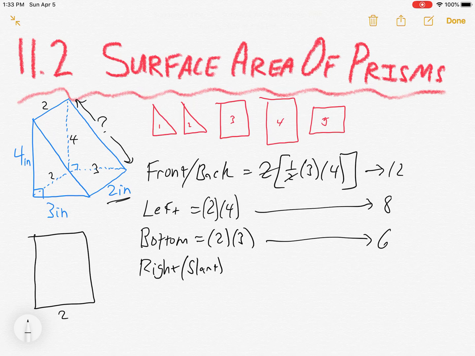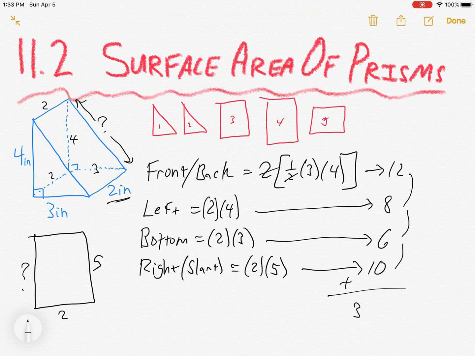And what is this dimension here? It's not labeled. It's not 3, it's not 4. In fact, it's the hypotenuse of a right triangle. It's 5. It's a 3, 4, 5 triangle. You can check that with the Pythagorean theorem if you want. So that one you had to think a little bit about the Pythagorean theorem or triples. So we get 10. We're going to add all of these up.